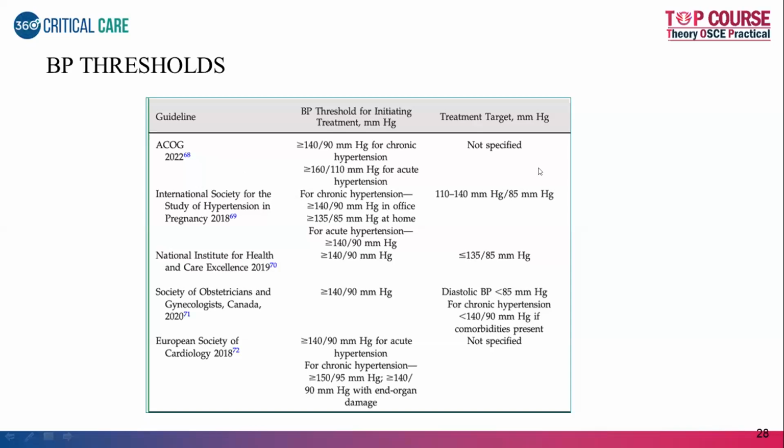Other societies have mentioned some targets, like the International Society for the Study of Hypertension in Pregnancy 2018, which said your systolic BP should be around 140 and your diastolic BP around 85. Similarly, other guidelines say around 135/85 or 140/85. So target less than 140 and less than or equal to 85 as your treatment target.